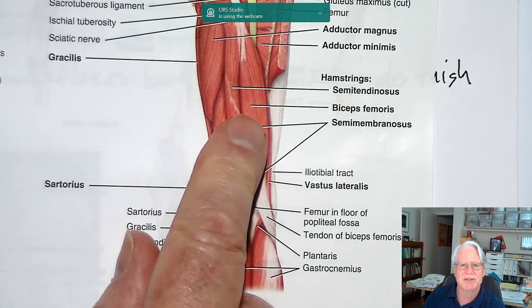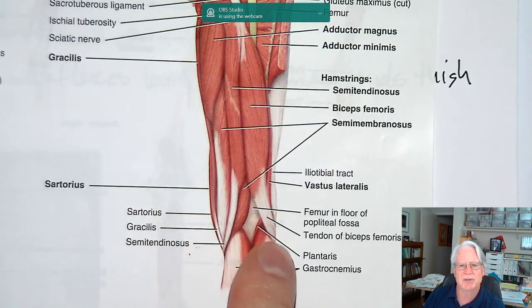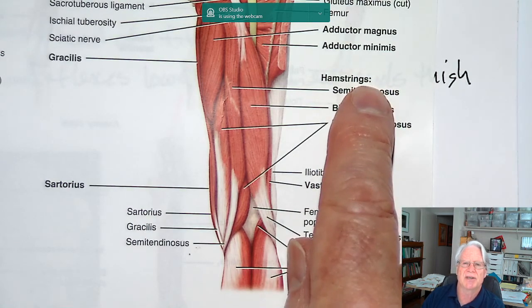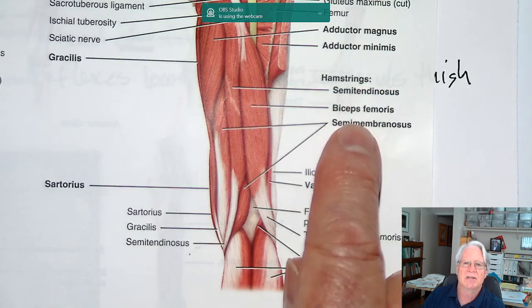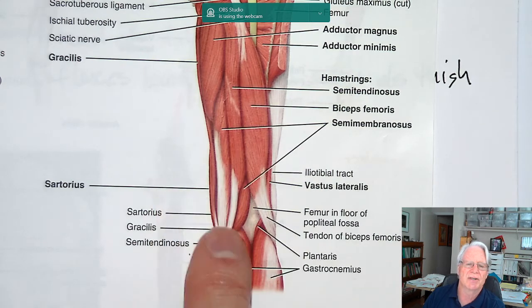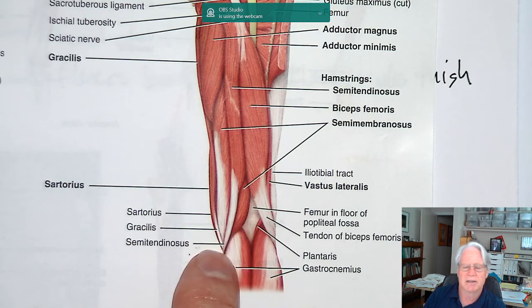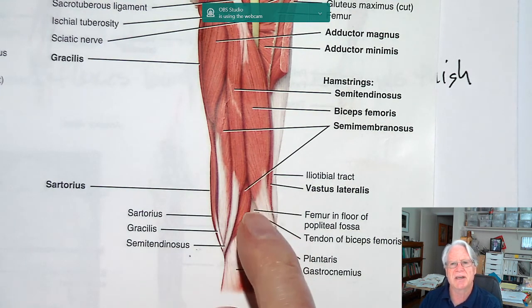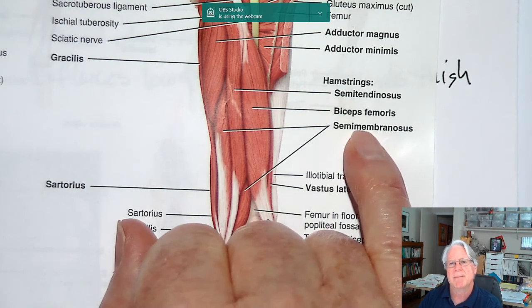So we have three muscles. The biceps femoris goes to the lateral side. The other two are together with the tendinosus on top, and both of those muscles are inserting on the medial side, which would be the tibia. So that's how you're going to tell it apart. The other thing about semimembranosus, membrane.